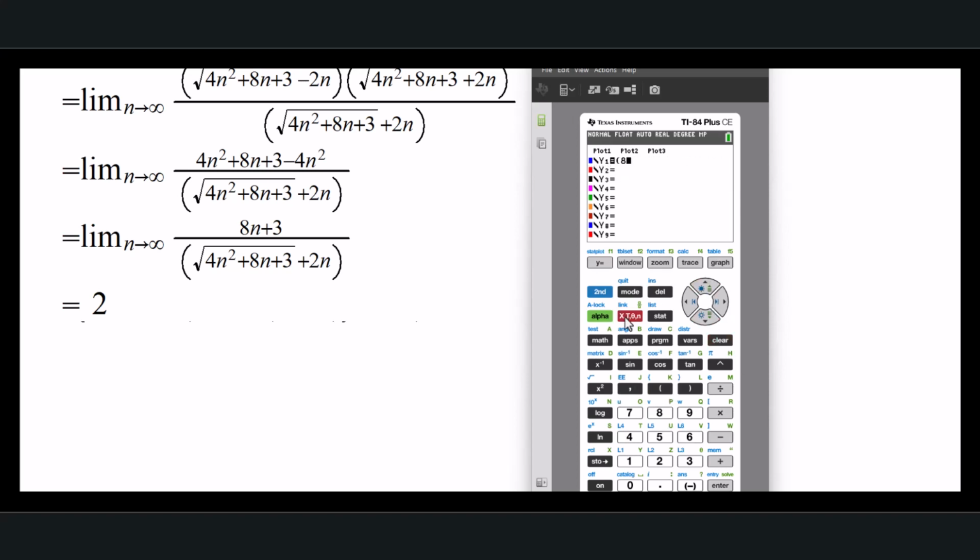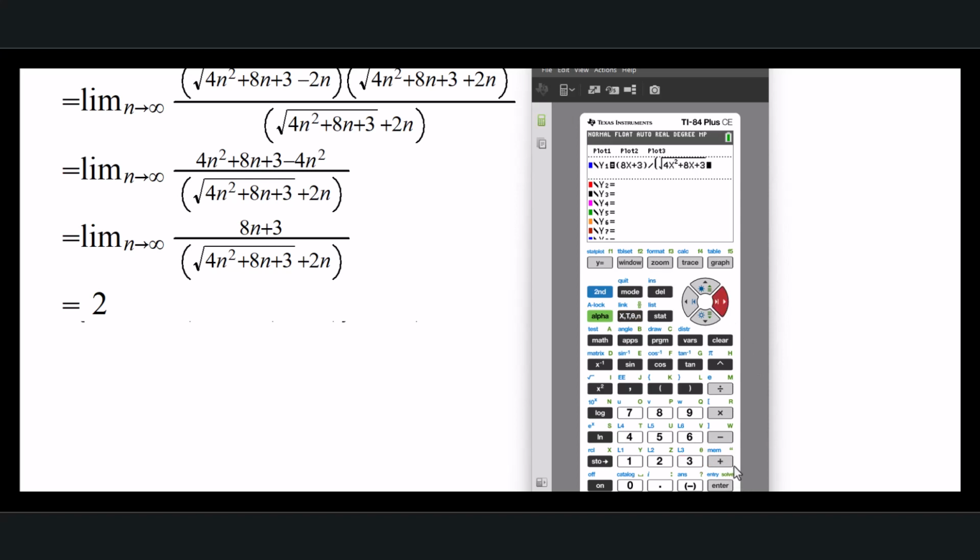Instead of n, I'm writing x here, plus 3, divided by the square root of 4x square plus 8x plus 3, and then we are out of the square root sign.